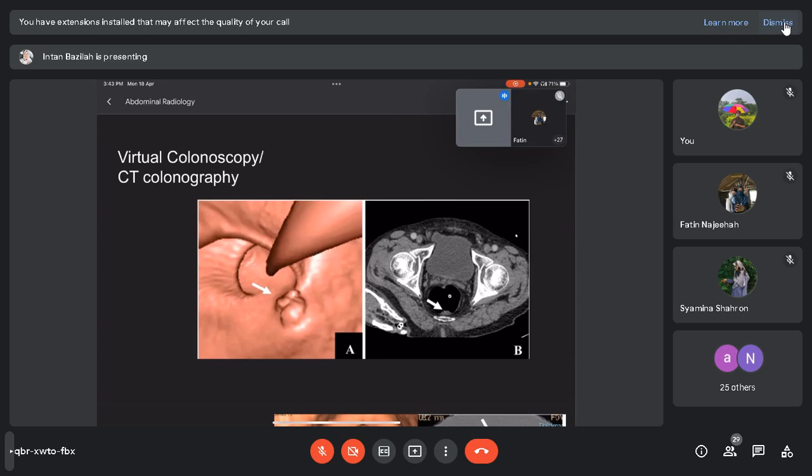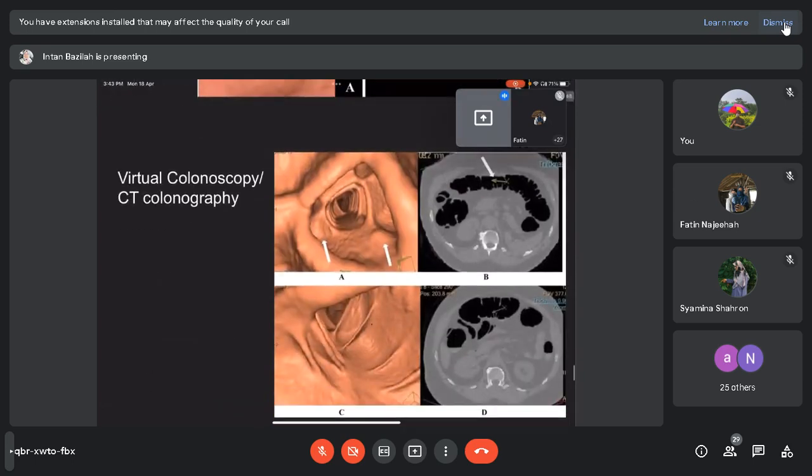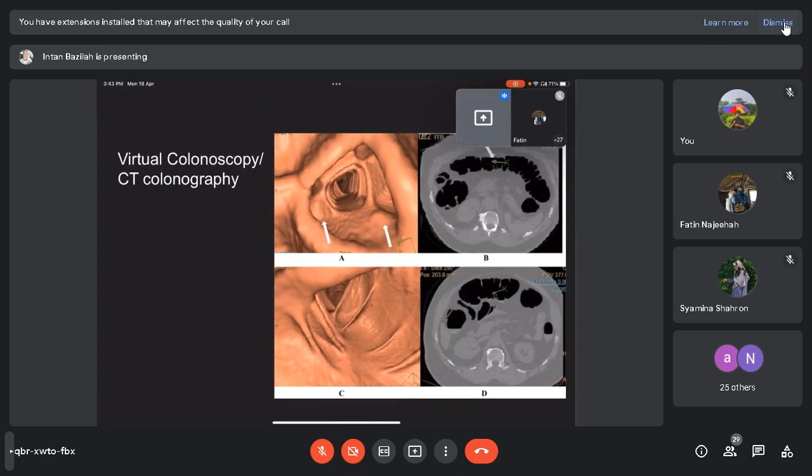For example, we have this button where we can say remove barium tag, so all the stool can be deleted and we can see the wall very clearly. Quite sophisticated, right?